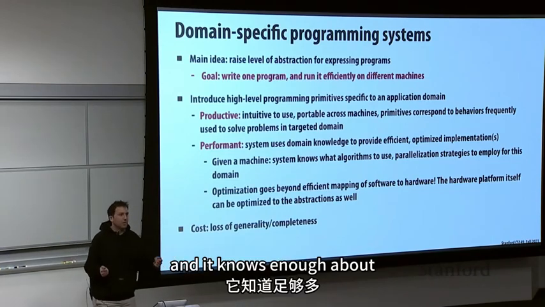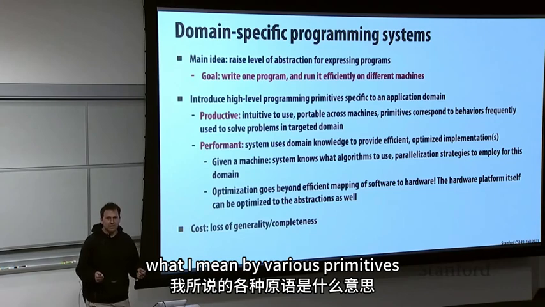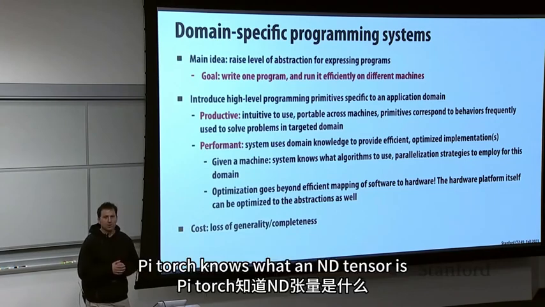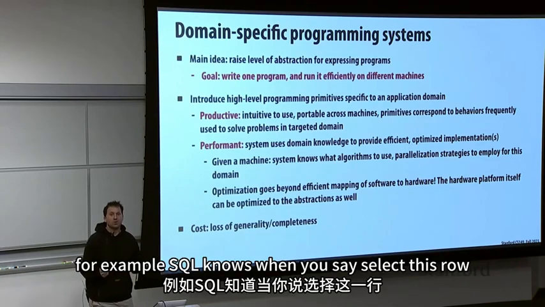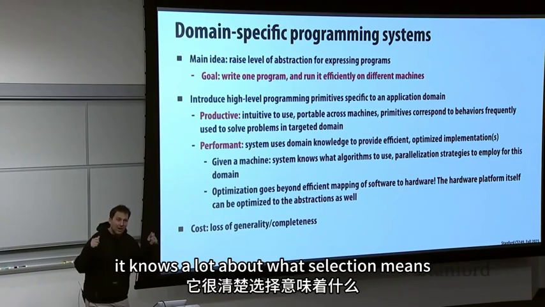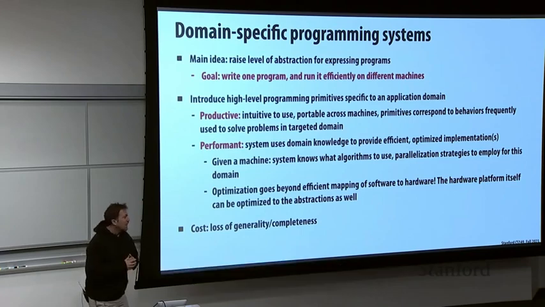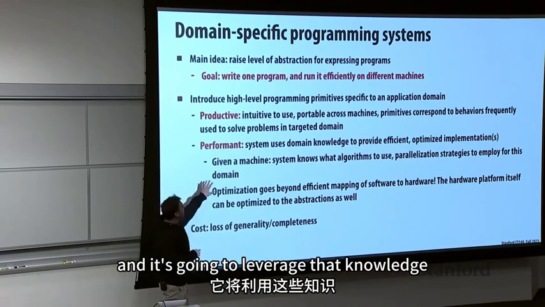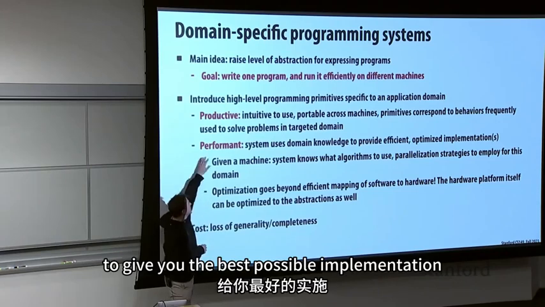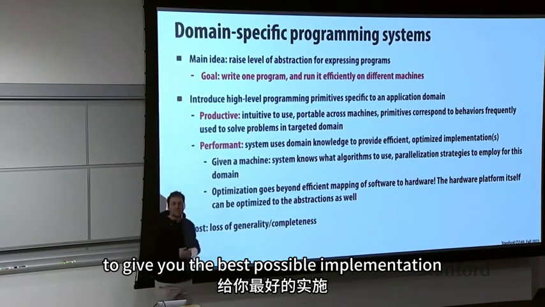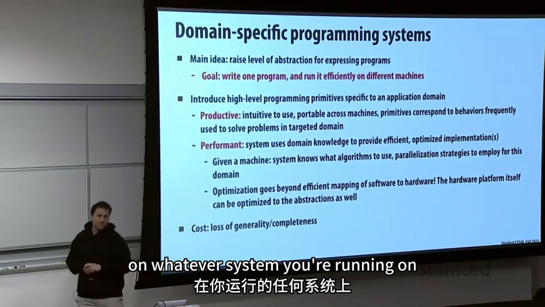And it knows enough about what I mean by various primitives, for example, PyTorch knows what an ND tensor is. For example, SQL knows when you say select this row, it knows a lot about what selection means. And it's going to leverage that knowledge to give you the best possible implementation on whatever system you're running on.